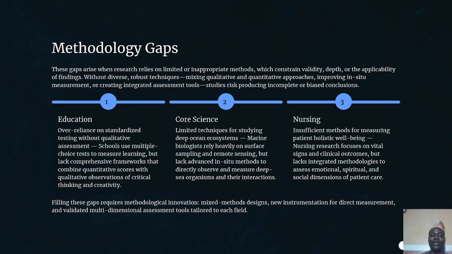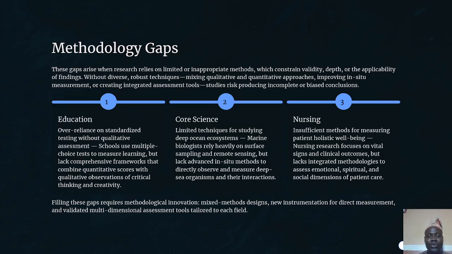So look at core science, there could be a new technique for studying the deep ocean ecosystem. What I mean is that marine biologists could have relied heavily on surface sampling and remote sensing, but lack advanced in situ methods to directly observe and measure sea organisms and their interaction.